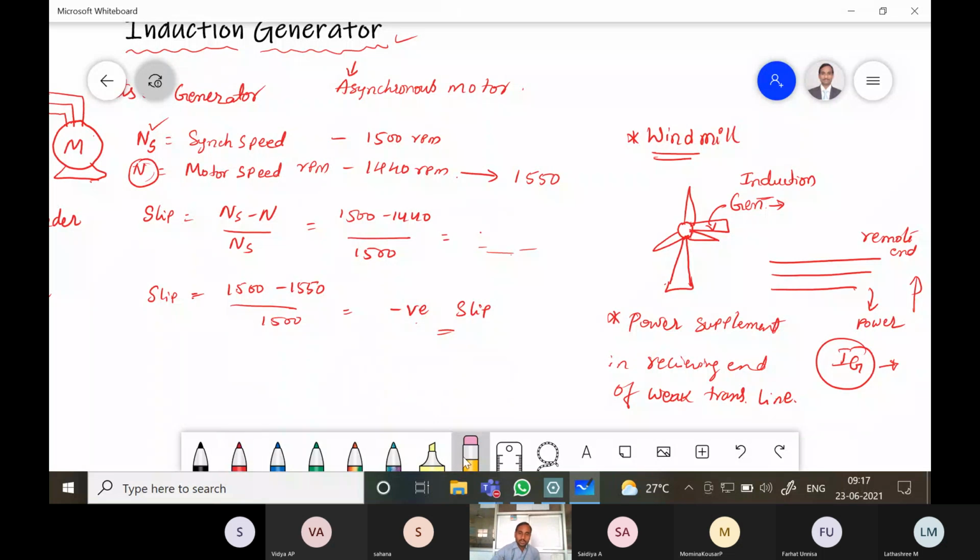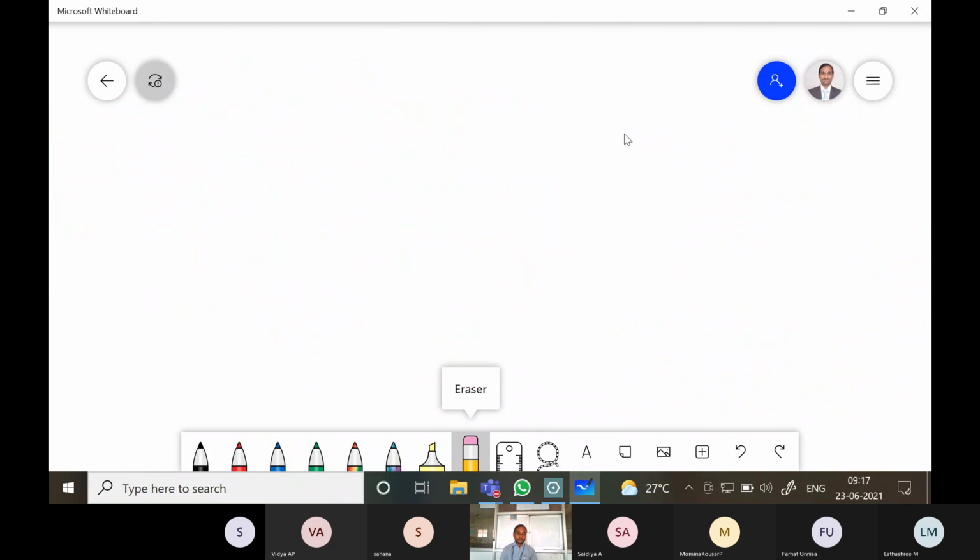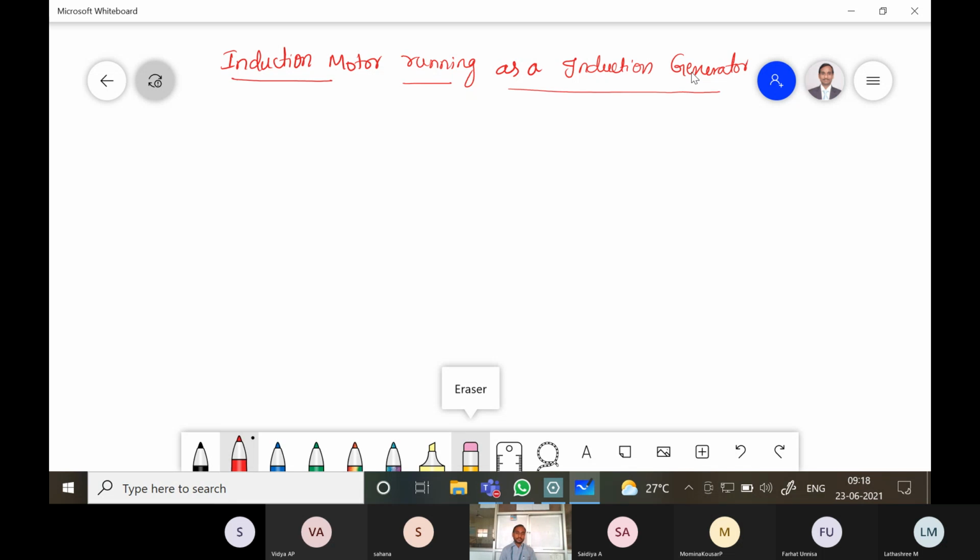We will see how the induction motor runs as an induction generator.